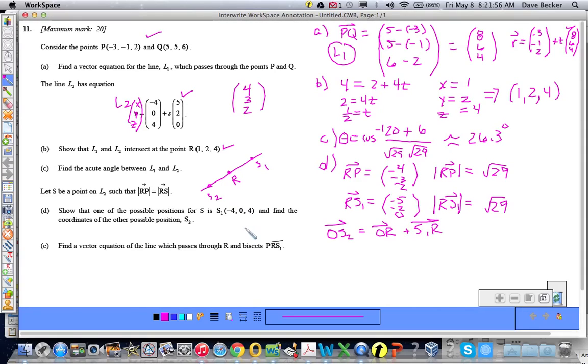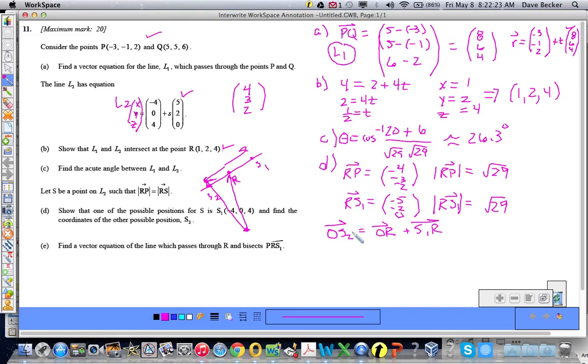So say the origin is here. OS2 is going to be equal to vector OR, right? And the vector RS1 goes this way, but if it goes this way, it's going to go right to S2. And remember, adding vectors geometrically, it's from start to the finish point, and then we get OS sub 2.